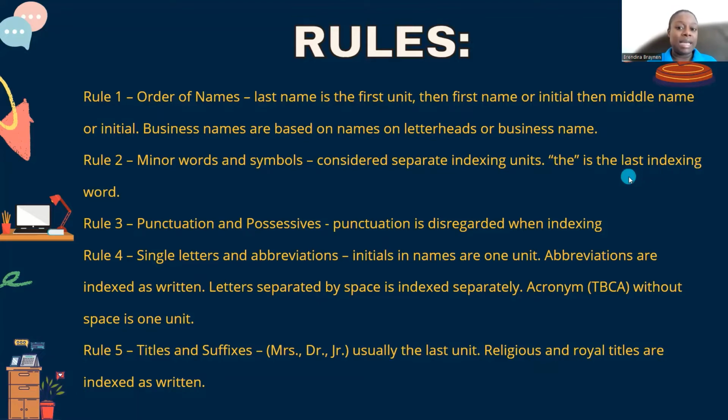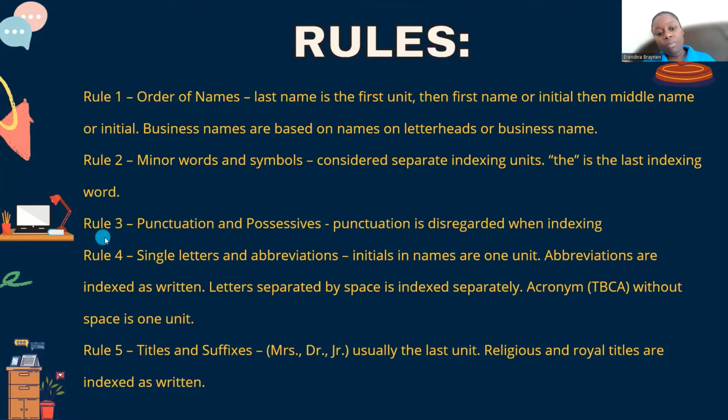So if the company's name is The Perfume Bar, there's no last name to use. It's a company name. So I'm going to put Perfume Bar, The, and I put "the" as the final indexing unit. Because could you imagine, there are so many companies that began with the word "the." And so that's important as well.